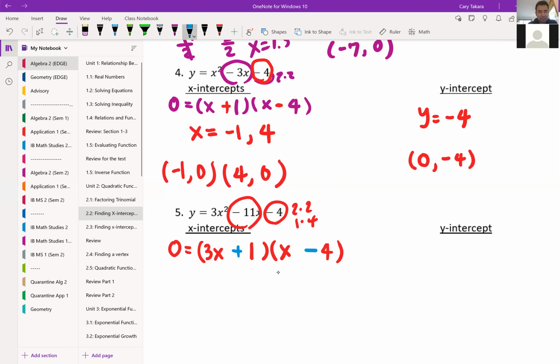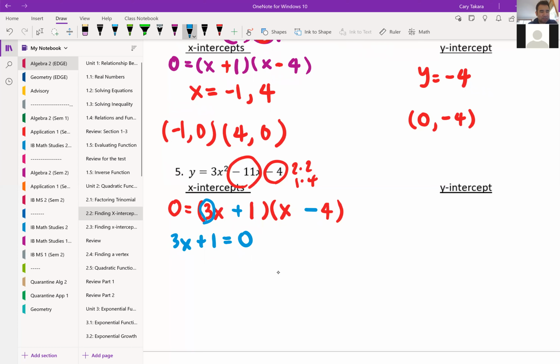So now we set, because there is the number, the 3 in front of x, you want to set it equal to 0. 3x plus 1 equals 0. And then you're going to solve it. Subtract 1, divide by 3, yeah? So if you subtract 1, and then divide by 3, it's going to be x equals negative 1/3.